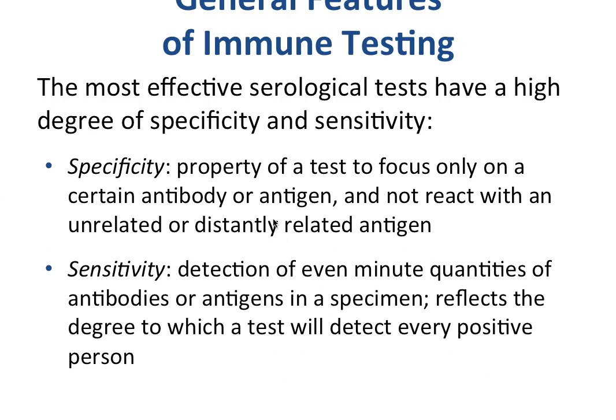Once we study the immune test, we have to know the features of the immune test. One feature is the specificity. Since the immune test is an antigen antibody reaction, one antibody only reacts with one antigen.